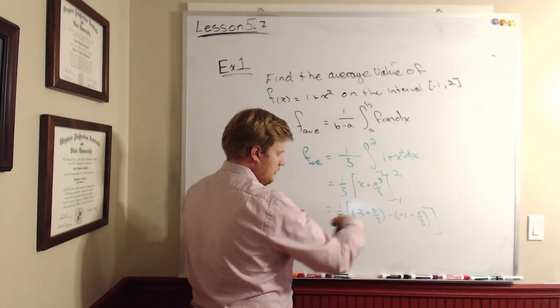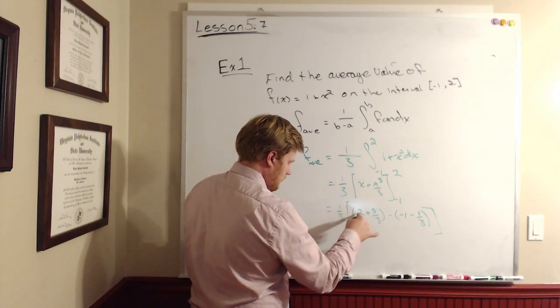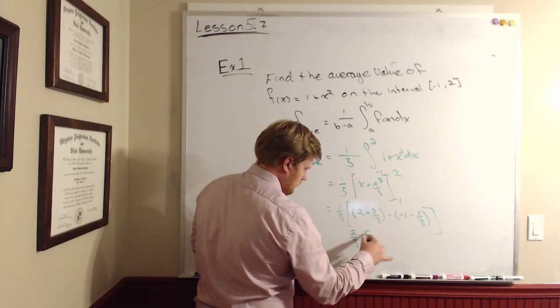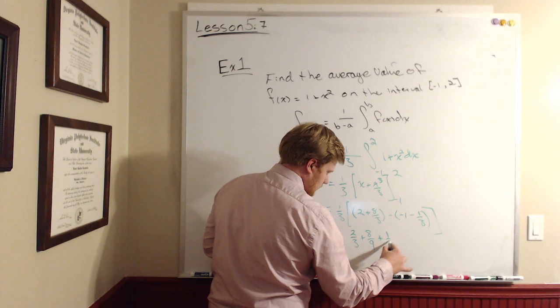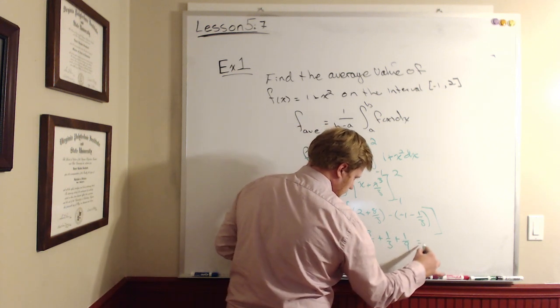I'm going to go ahead and multiply through here, so we get 2/3 plus 8/9 plus 1/3 plus 1/9.